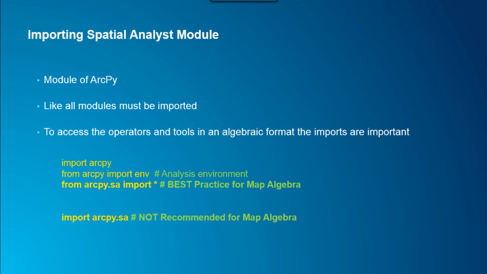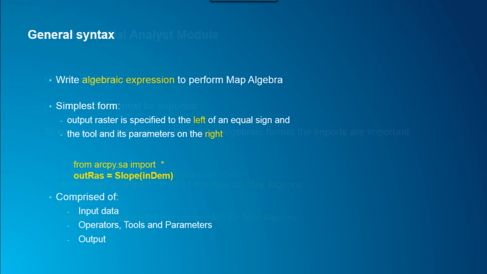In theory, you can do that, but there is an advantage to doing it the way we're saying, where you import arcpy, and from arcpy import env, and then from arcpy.sa import *. If you are a hardcore Python programmer, you will cringe at it. You will ask, why am I importing everything? Just bear with me. You will see that by importing in this manner, you can write much simpler expressions. You don't have to qualify every function you use, and that way your expression becomes much simpler.